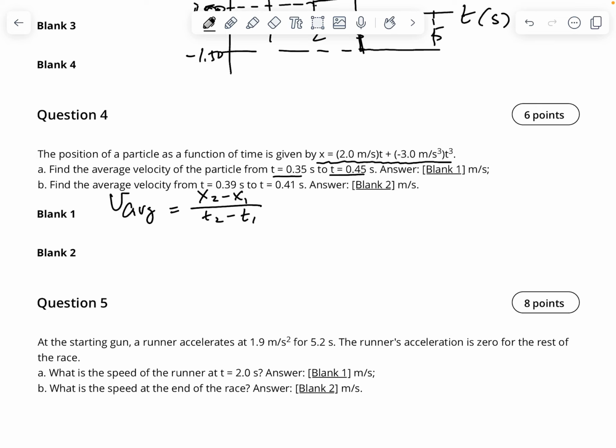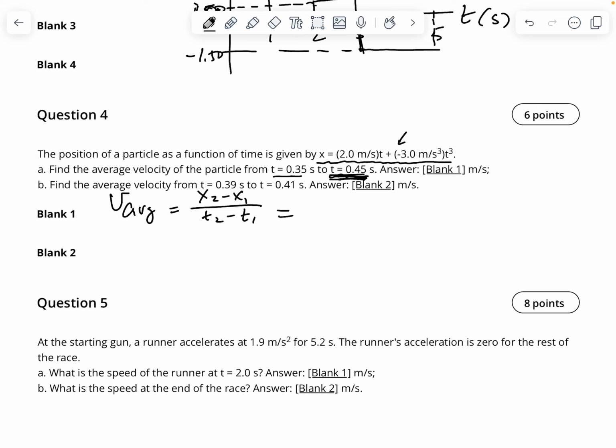So we know final time is t equal to 0.45. We have to know at this time what your position x2 is. So just plug time into this equation, then you can figure out x2, right?